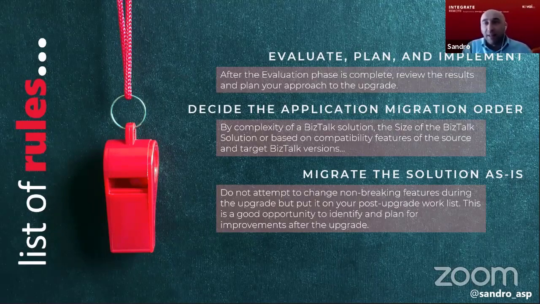If you find something that should be improved, you do not do it immediately. You put it on the roadmap, okay? You migrate as is and create your roadmap of improvements. After you migrate, after you discontinue the environment, then you should improve that.